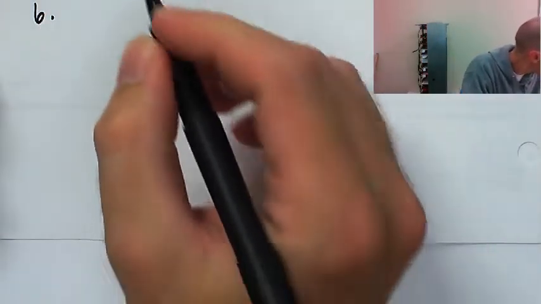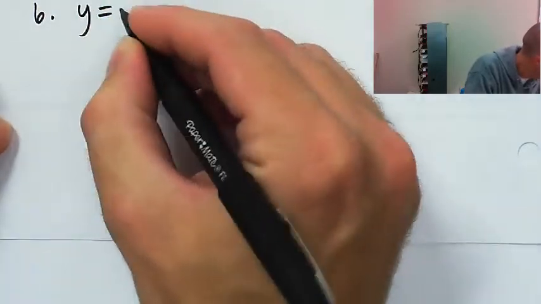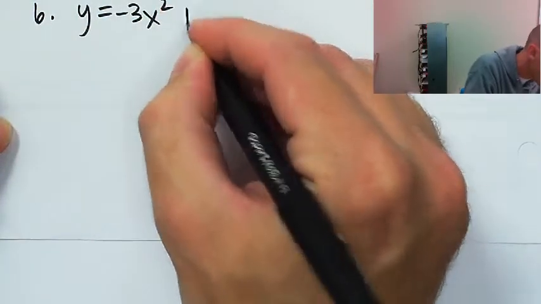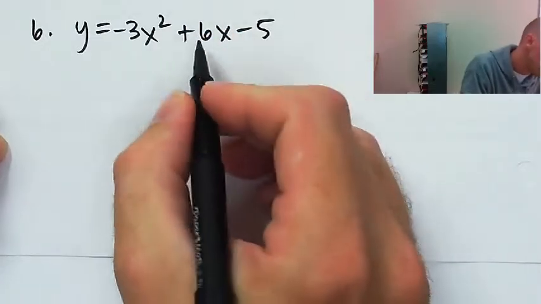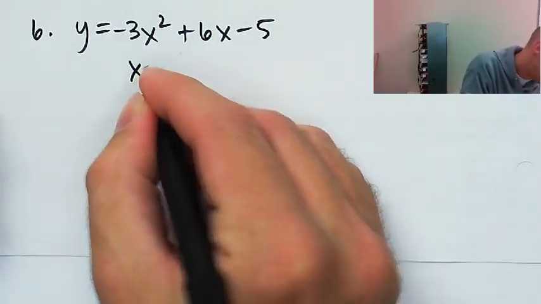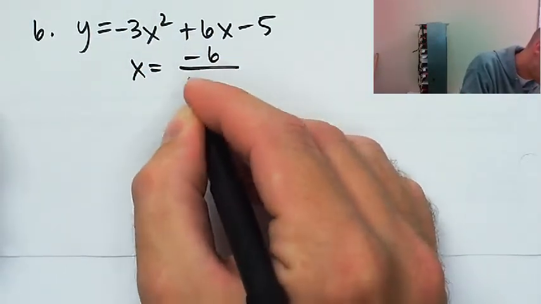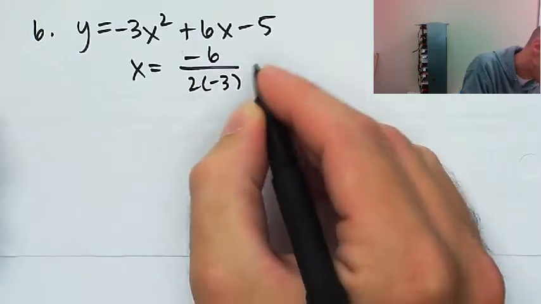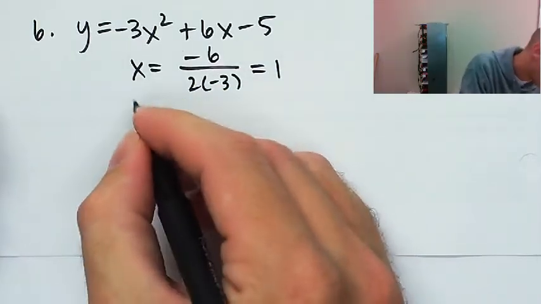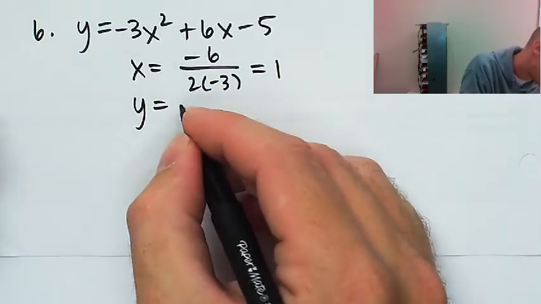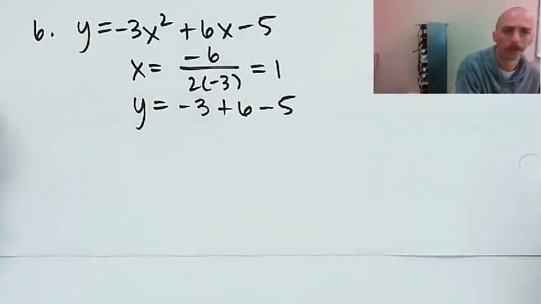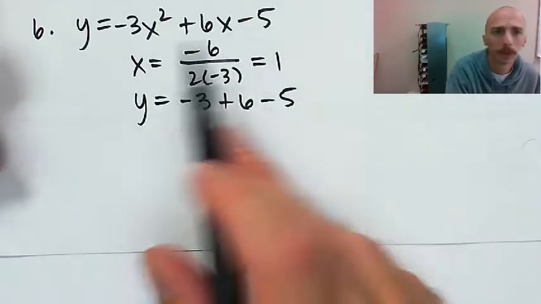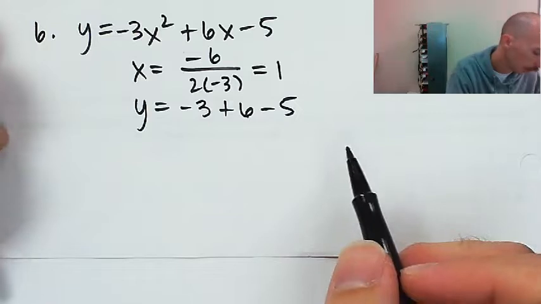Number 6. So last of these. y equals negative 3x squared plus 6x minus 5. All right, cool. This is going to be a good one. x equals negative b over 2a. Okay, negative 6 over negative 6 is 1. Okay, y is going to be what happens when I plug in 1 for x, so negative 3 plus 6 minus 5, because 1 squared and 1 don't really do anything to the negative 3 and the 6.